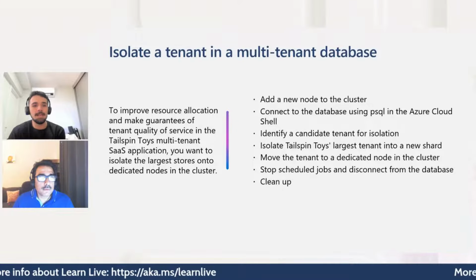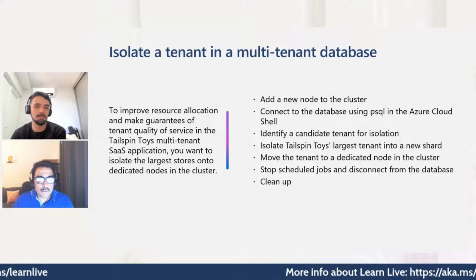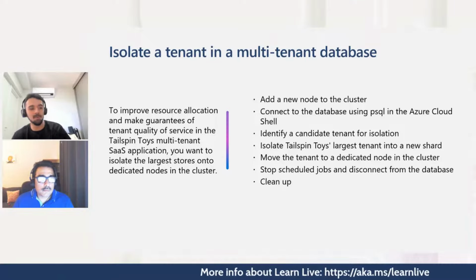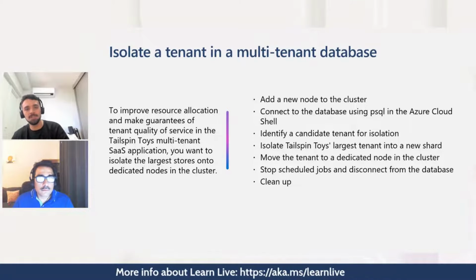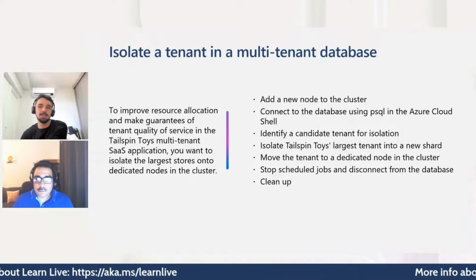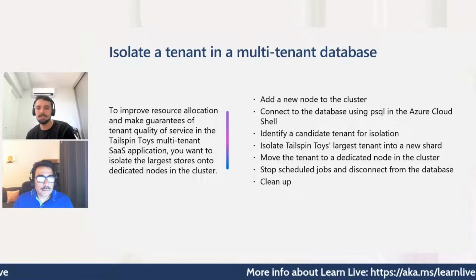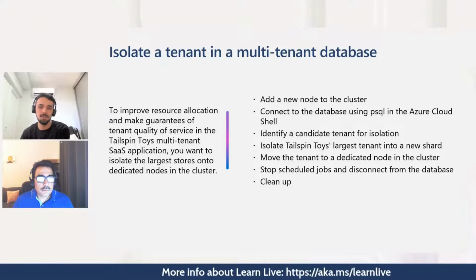One thing I want to highlight is we could have added a new worker node. I didn't do that, okay? But we could have, and we could have moved that same shard that we moved to worker 0 to that new worker. This is very powerful because one thing you can do with Citus and Cosmos DB for Postgres is isolate tenants into their own nodes.